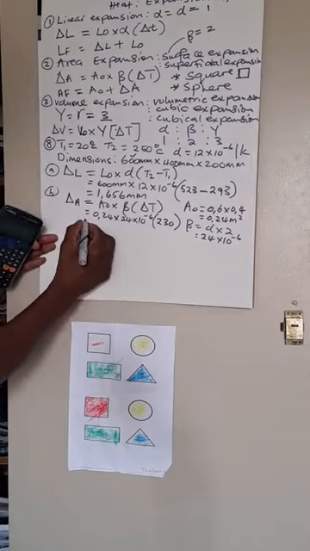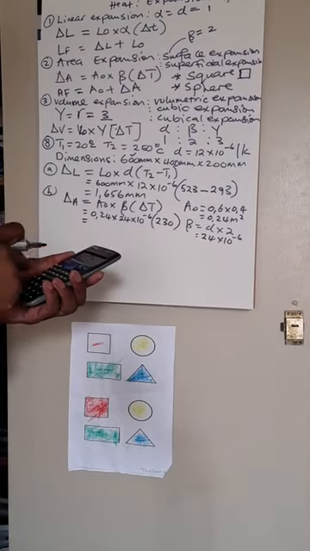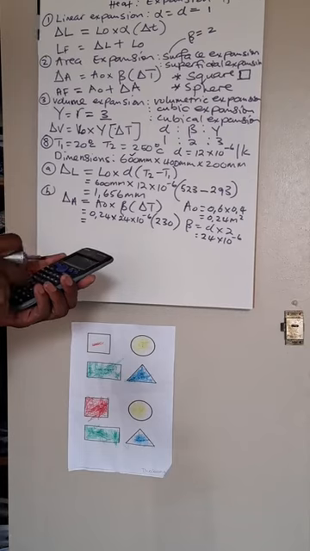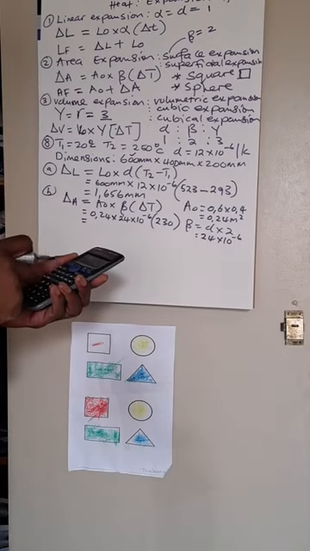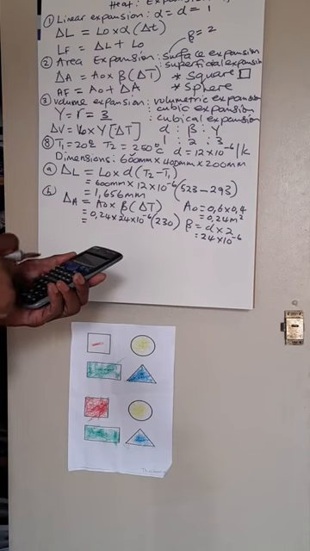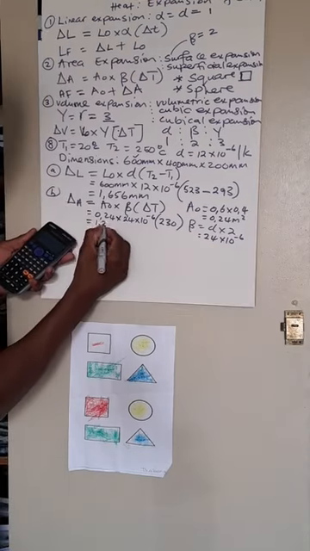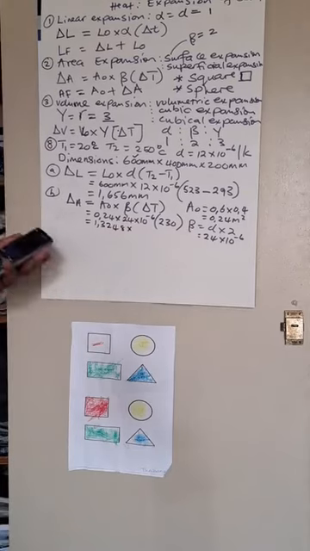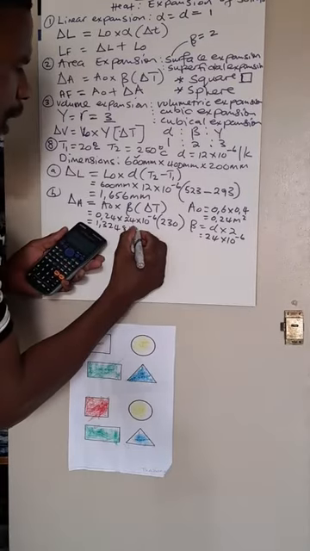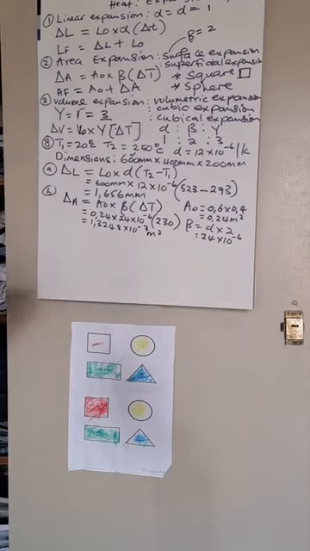Yes, it's 230. So let's see what we are getting as our answer. 0.24 times 24 times 10 to the power of negative 6 times 230. I'm getting my answer as 1.3248 times 10 to the power of negative 3 meter squared.